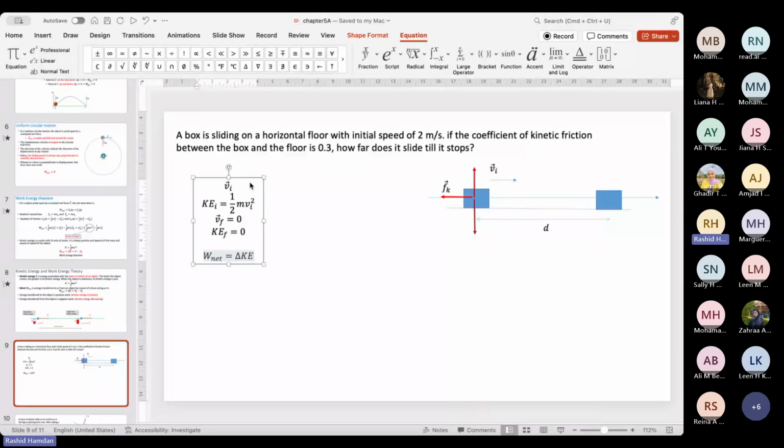But we know that W for any force depends on the displacement. So from the W, I should be able to find the displacement. To find W net, I have to add the work done by all the forces. So I have the work done by the gravitational force, plus the work done by the normal force, plus the work done by the kinetic friction force.